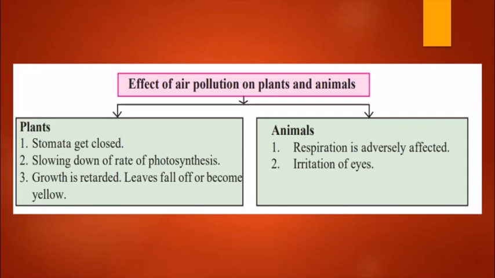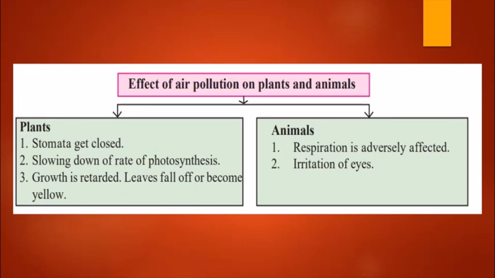Even the photosynthesis rate is reduced because the sunlight has a lot of pollution, and as the leaf is covered with polluted stuff, the photosynthesis process also reduces. The growth of the plant is retarded, and because of pollution, most of the leaves become yellow fast and fall off.